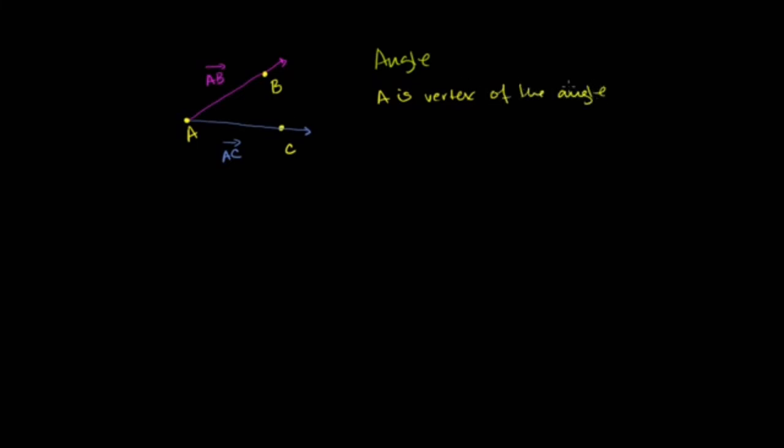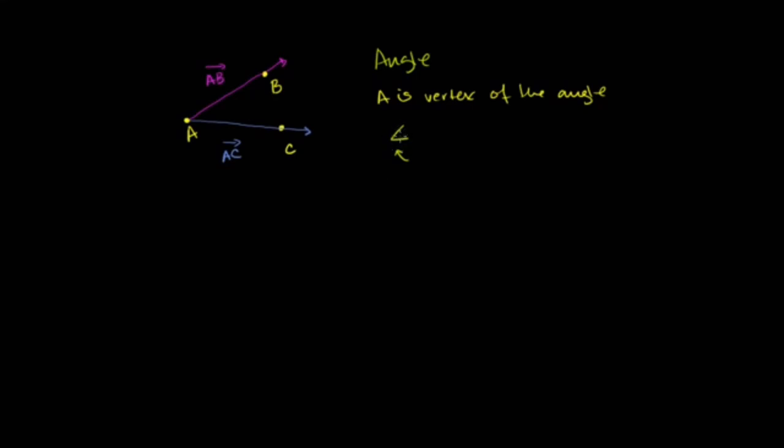The next thing I want to think about is how do we label an angle? You might be tempted to just label it angle A, but I'll show you in a second why that's not going to be so clear to someone based on where our angle is actually sitting. The way you specify an angle is that you say angle, and this is the symbol for angle. It almost looks like a less than sign, but it's flat on the bottom.